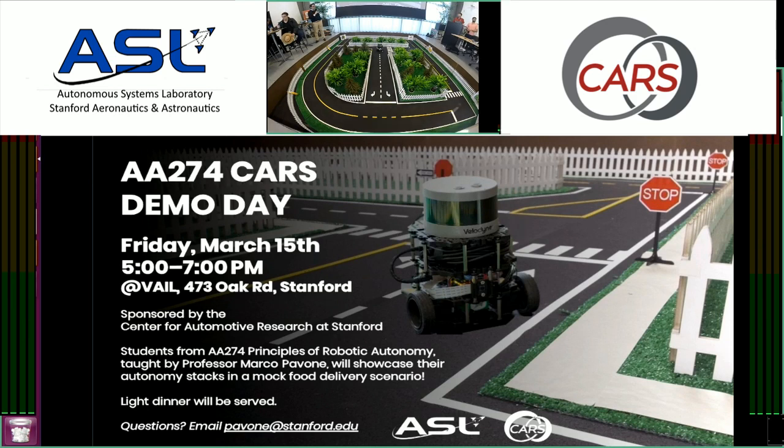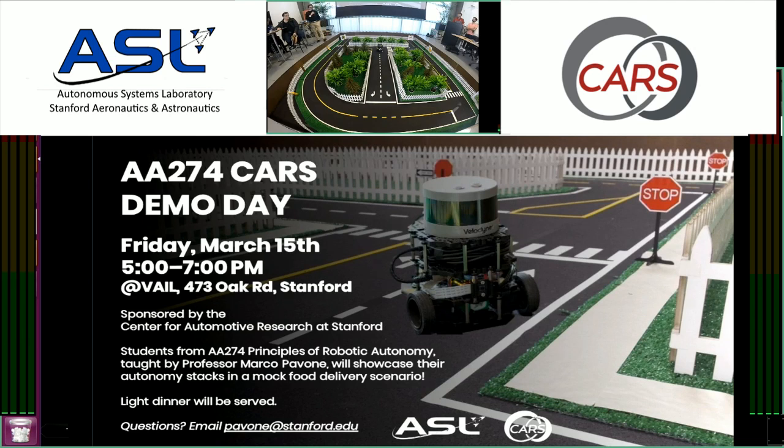So the students have been working hard throughout this class to build their own autonomy stack. And today we have the 5 best teams in this class. They're going to compete to be the yearly champion for AA274 and have their names engraved in the list of champions for this class.